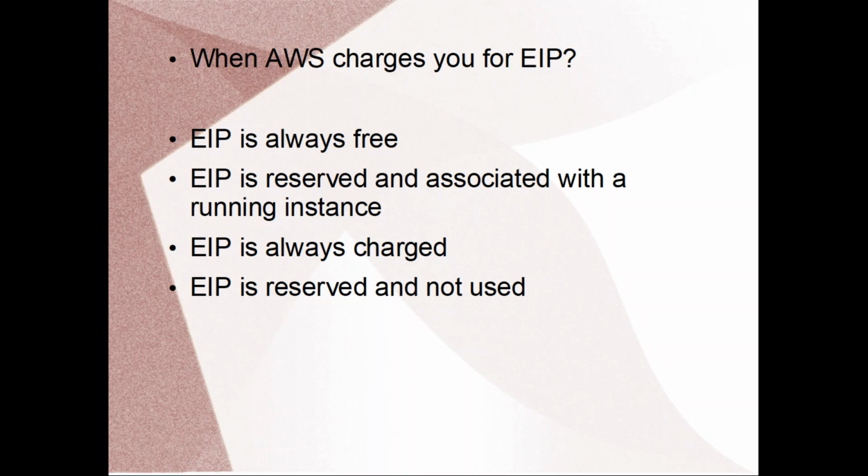So to reduce this, whenever you are not using an EIP, AWS charges you. So the best answer for this question is option 4, and yes, it is the correct one.